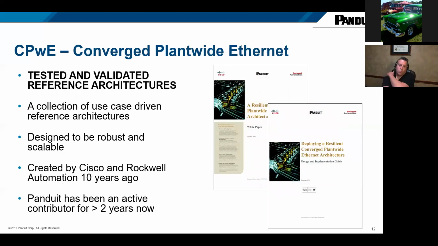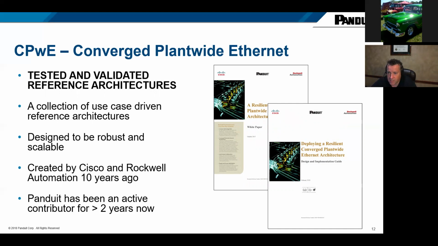So where do you start from an architectural standpoint? How do you design a really robust Ethernet network? Well, at Rockwell, Panduit, and Cisco, we focus on what we call the converged plant-wide Ethernet model. This is a truly tested and validated reference architecture.